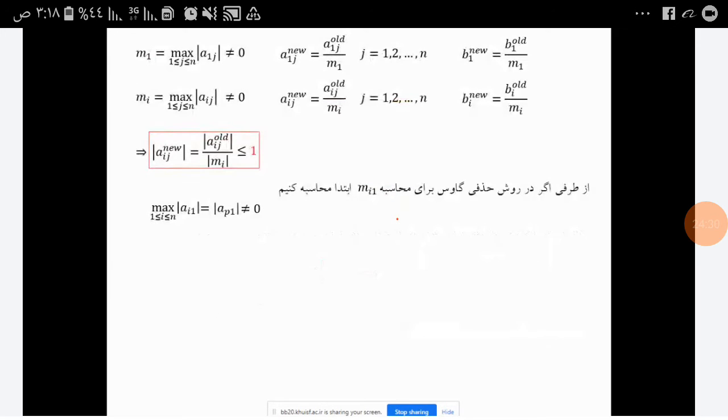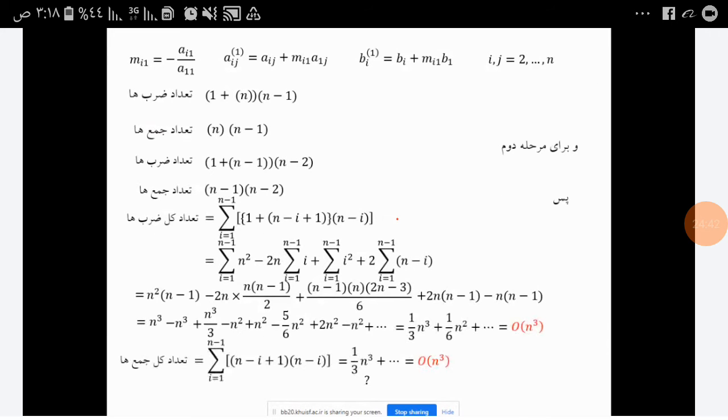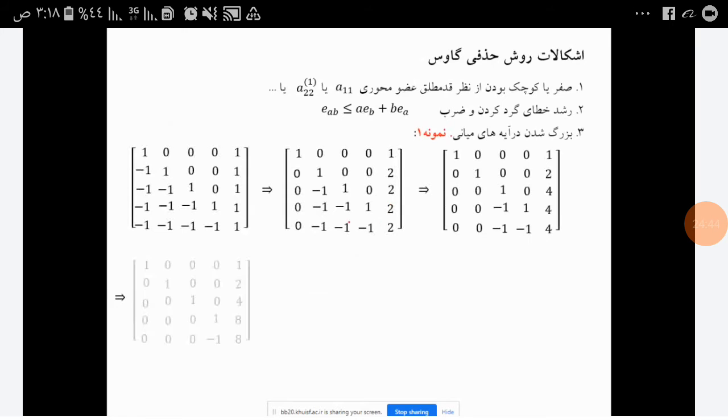Please let me explain that. In this example, number 1, we have a matrix here. All entries in absolute value are less than or equal to 1. All entries are Aij.